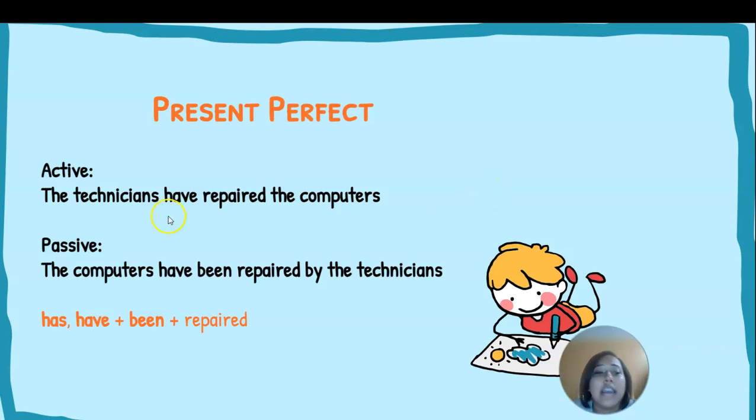Same here: we have the present perfect auxiliary, that is has or have, then the past participle of the verb to be, been. And finally, we have the verb in past participle again, in this case repaired, right? Good.